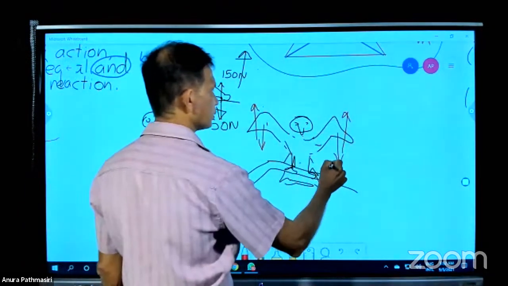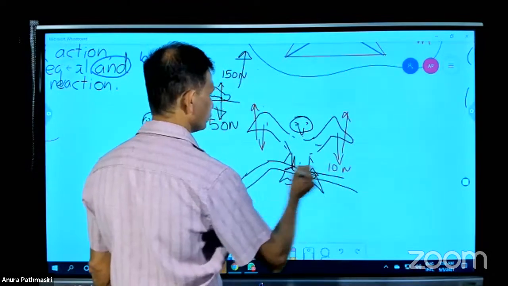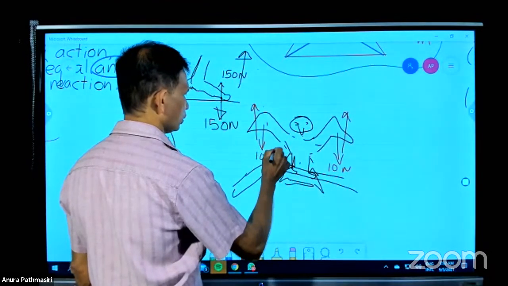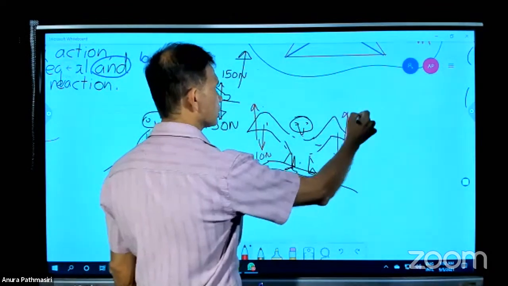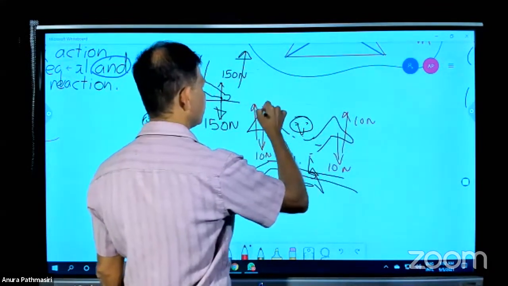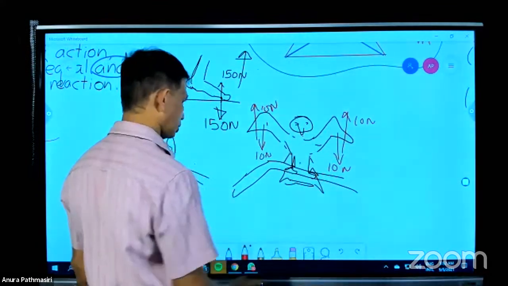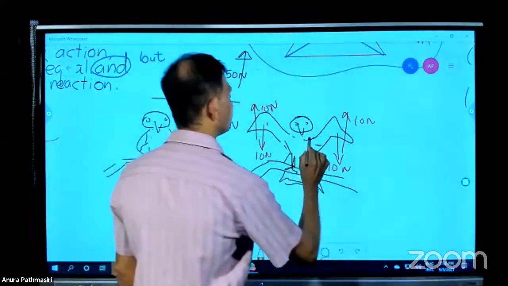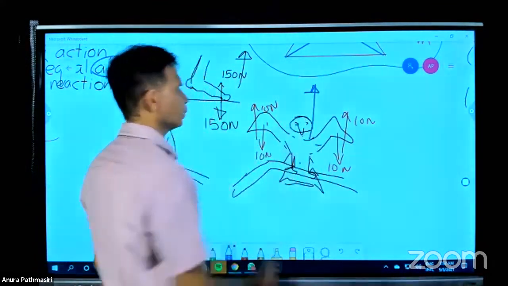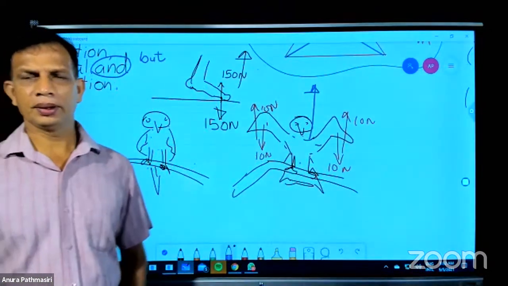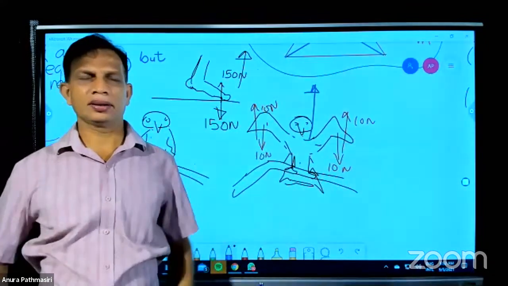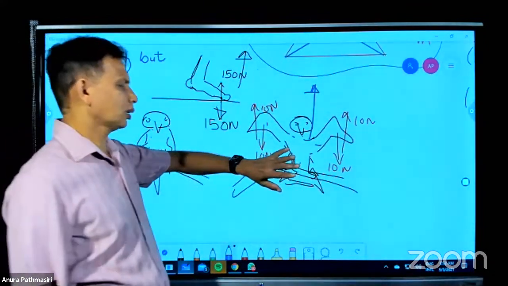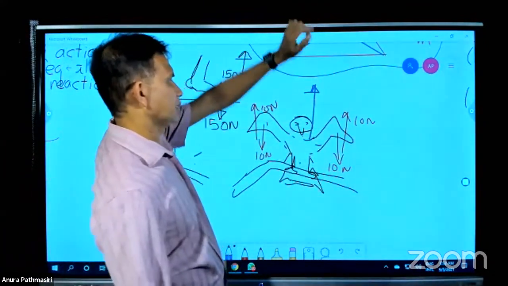If it exerts 10 Newton force, the air exerts 10 Newton force upward, resulting in an upward push, and the bird will take its flight upward.